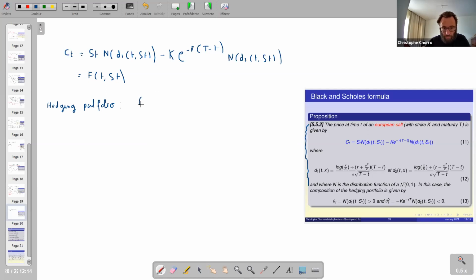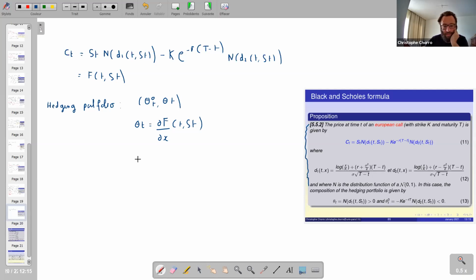So it's theta 0 t, theta t. Okay, I know that theta t is equal to df over dx of t, S_t.